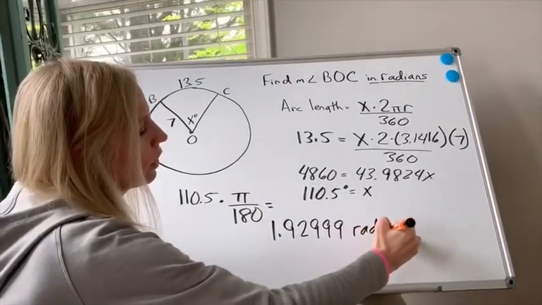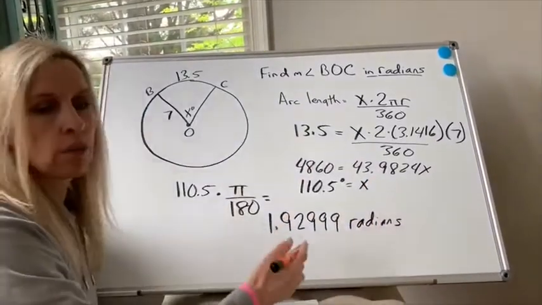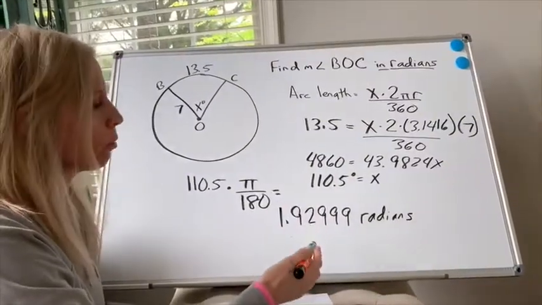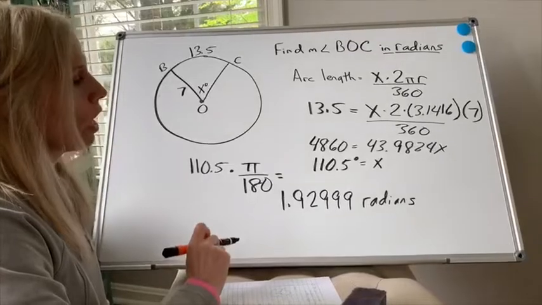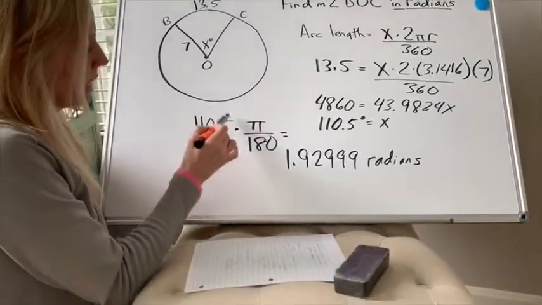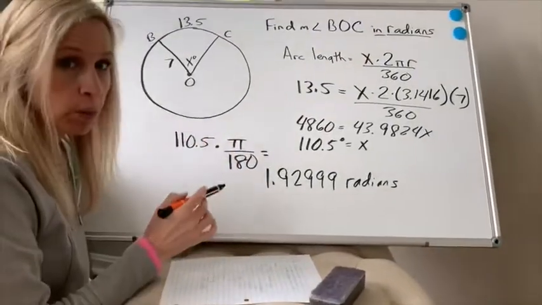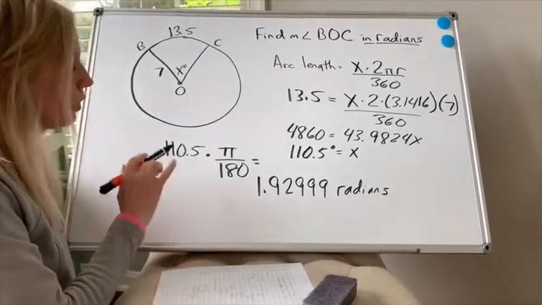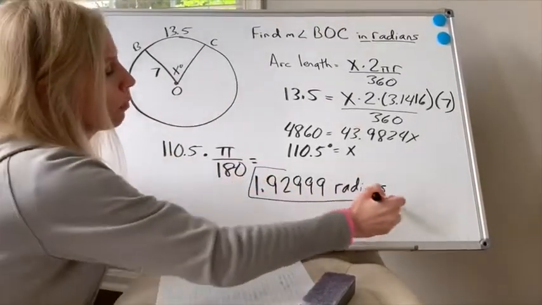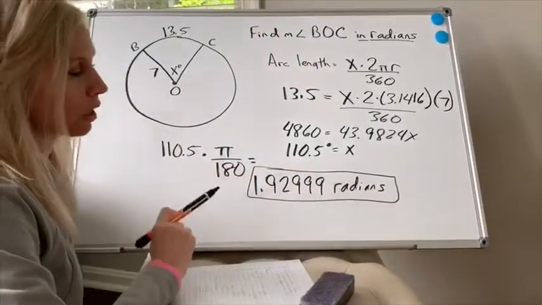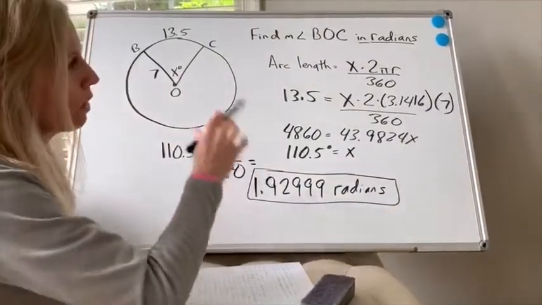Then you can just round it to whatever they ask you in the problem to do, but because there's so many nines, I just went ahead and put those on there. So take your degrees and multiply it by pi over 180. That's how you always convert degrees to radians. And for this problem, which is similar to number 6, not the same, that would be your answer for this one.